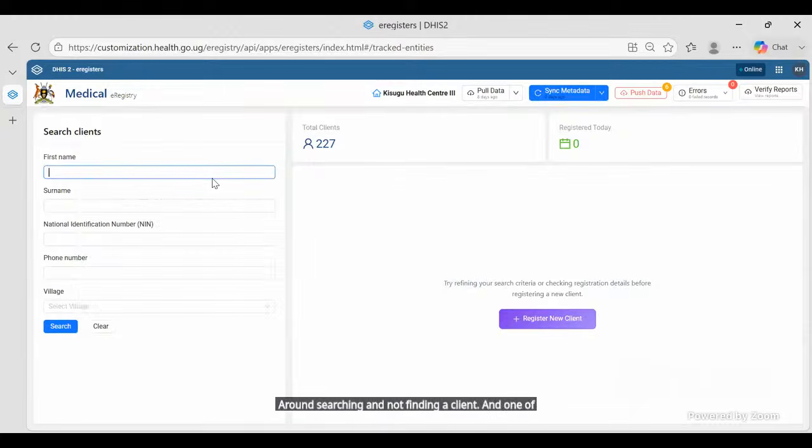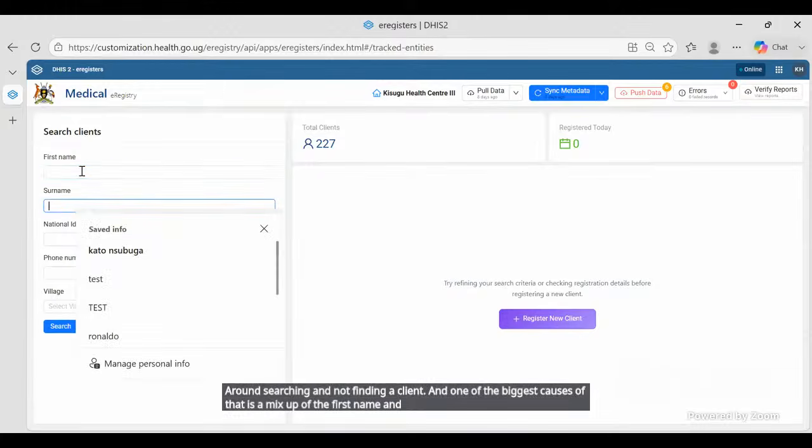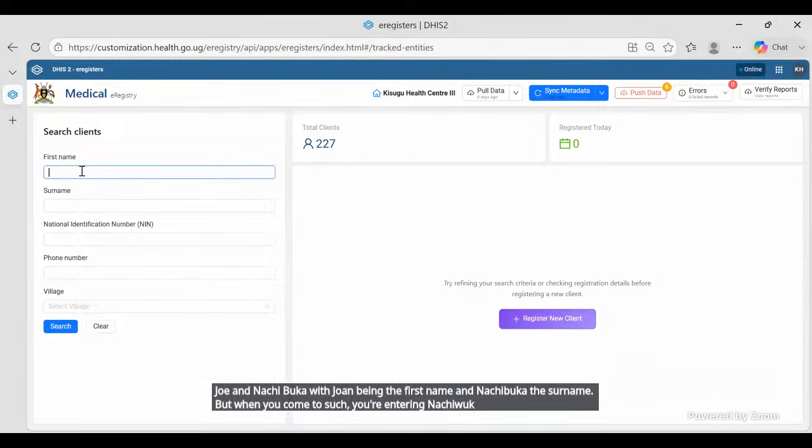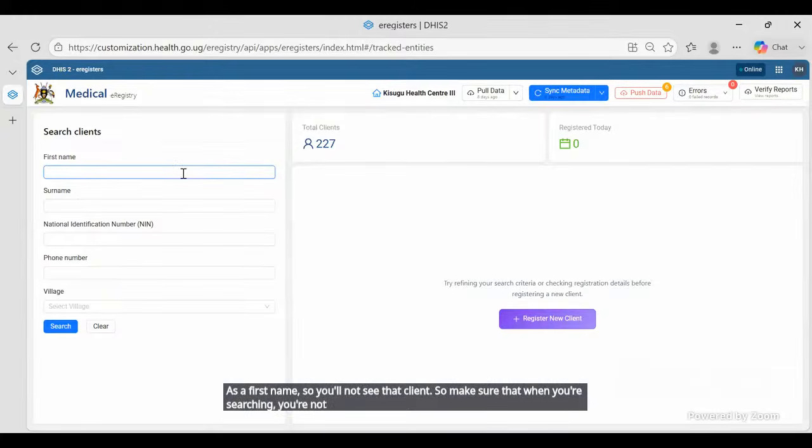One of the biggest causes is a mix-up of the first name and the last name. Sometimes we register Joan Nachibuka, with Joan being the first name and Nachibuka the surname, but when you come to search, you enter Nachibuka as a first name, so you will not see that client. Make sure that when you're searching, you're not mixing up these names.